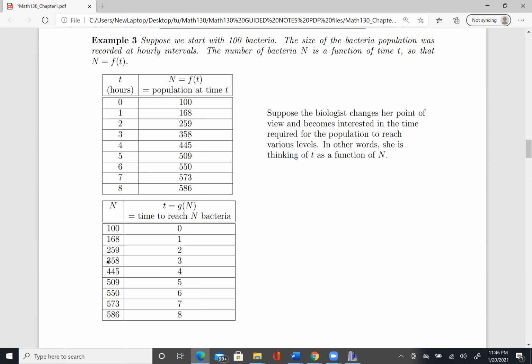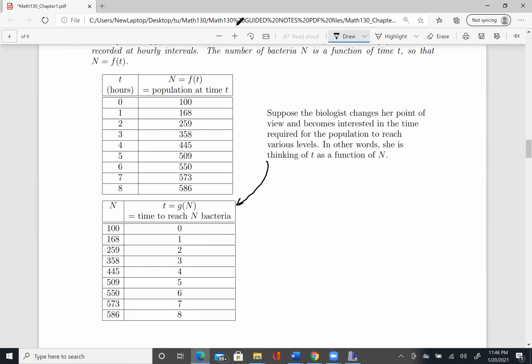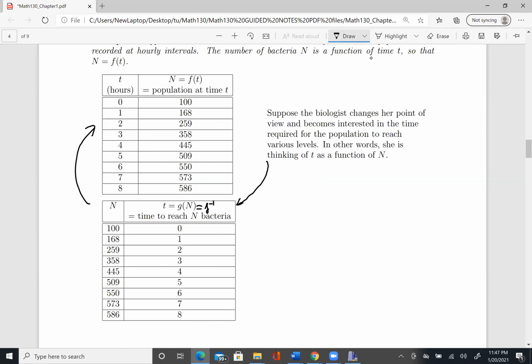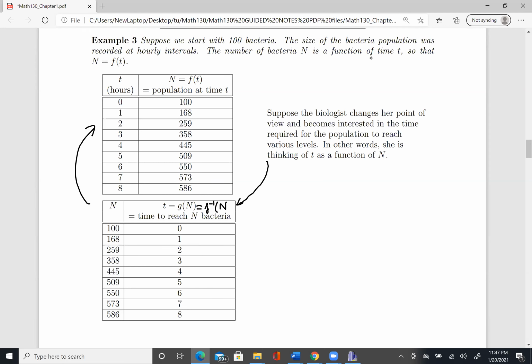So what does that mean? It's going to be the inverse function of the function above. So it's going to be equal to f inverse of n.